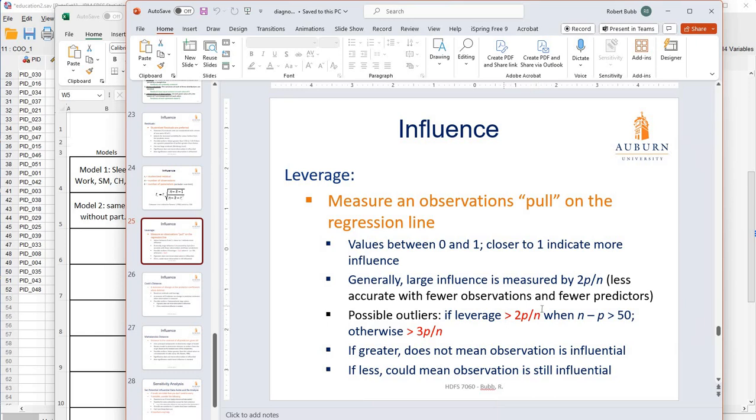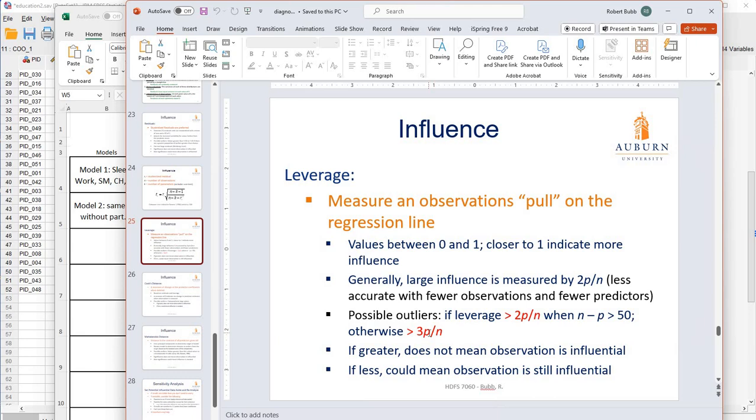You will use this cutoff only when the number of observations minus the number of predictors is greater than 50. In this case, it wasn't, right? Because we had 43 minus 4 predictors gives us 39. That's less than 50. So that means we need to use this other formula. So 3 times the number of predictors divided by the number of observations.